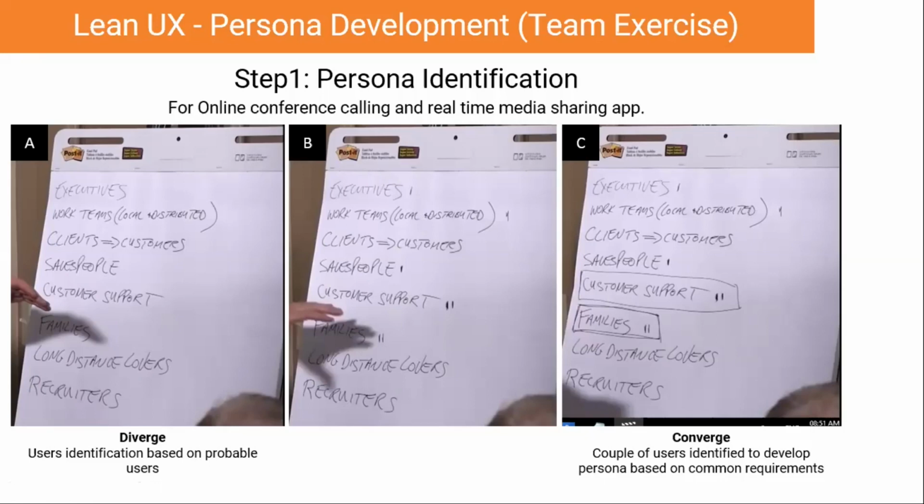Along with voting, they also need to explain why they voted for that persona and why not the rest. So in this case, if I am the one who voted for customer support and families, I need to say I'm voting for customer support and families, and why I'm not voting for salespeople.